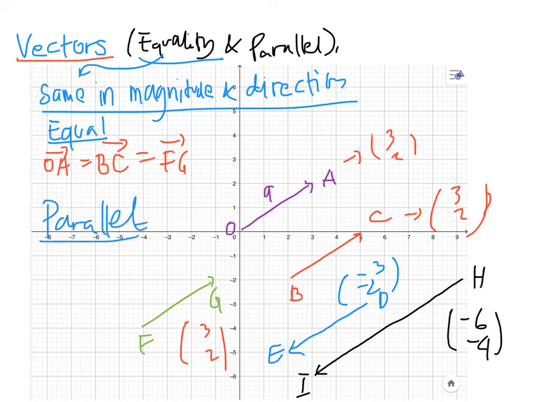So what do we know about parallel? I think in Sec 1 or even primary, we should already be exposed to the idea of parallel. Any two lines will be said to be parallel if, let me give you an example, I draw a line here, and I have this line. Are they parallel? We know it's not.